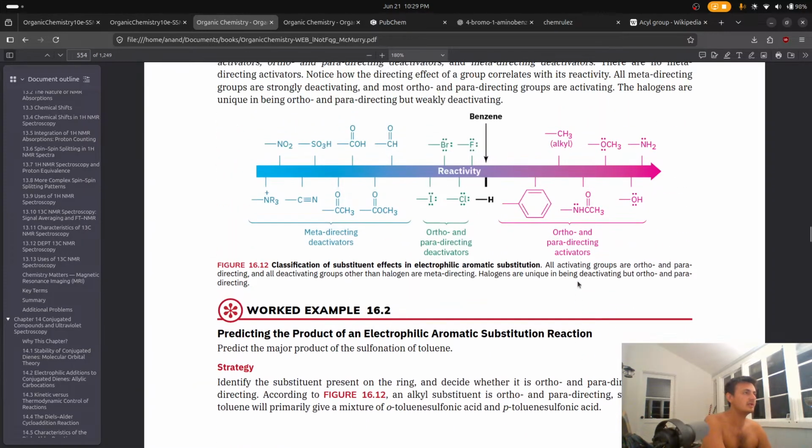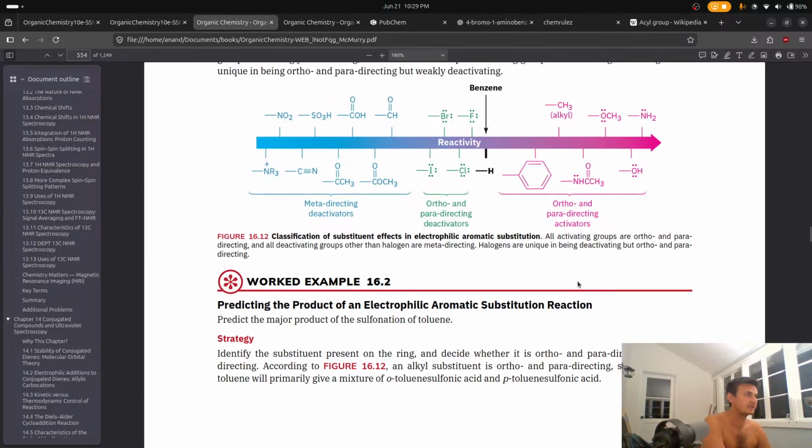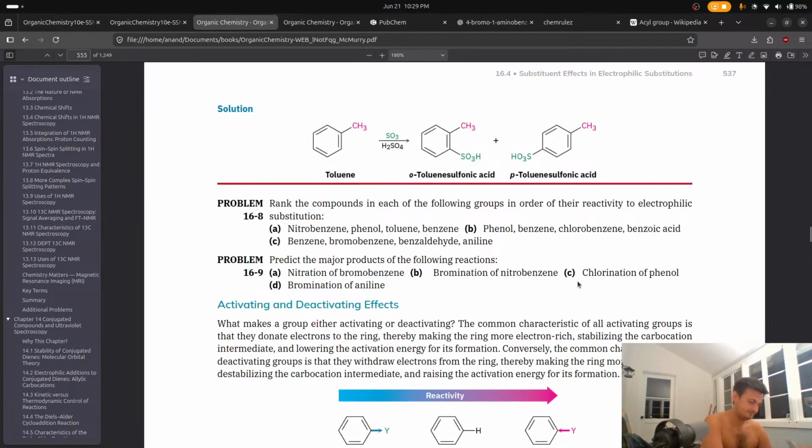There's no meta-directing activators. So it's ortho and para. Okay, I got it.